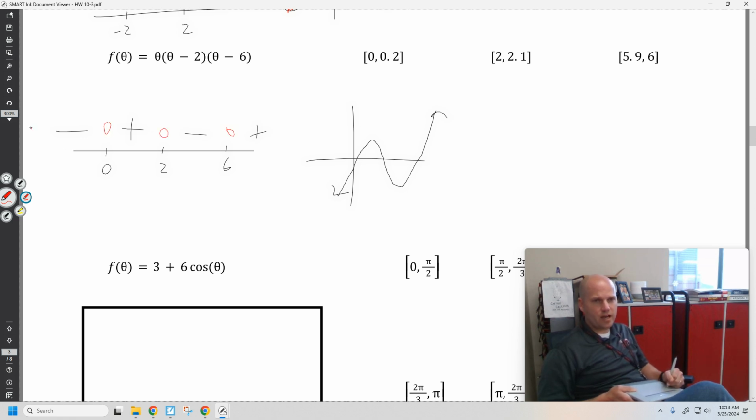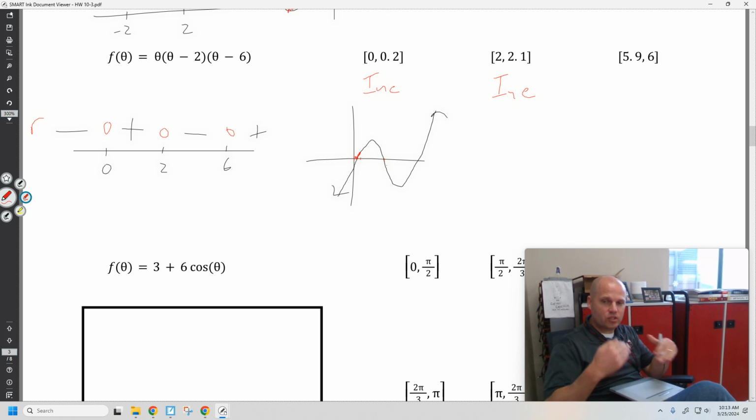Here are the radii getting positive. We can see that between 0 and 0.2, right here, my radii are positive, getting more positive. So the distance between the origin and my graph is increasing. Between 2 and 2.1, right here, you can see the radius is negative, but getting more negative. That means the distance is going to increase as well.